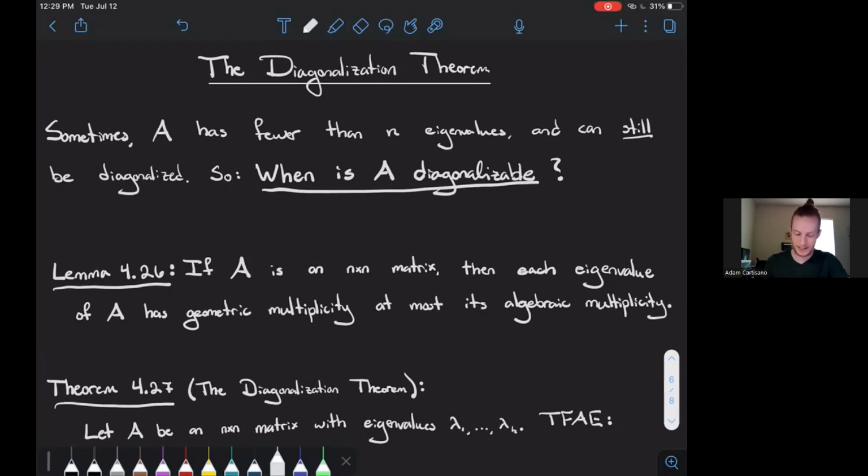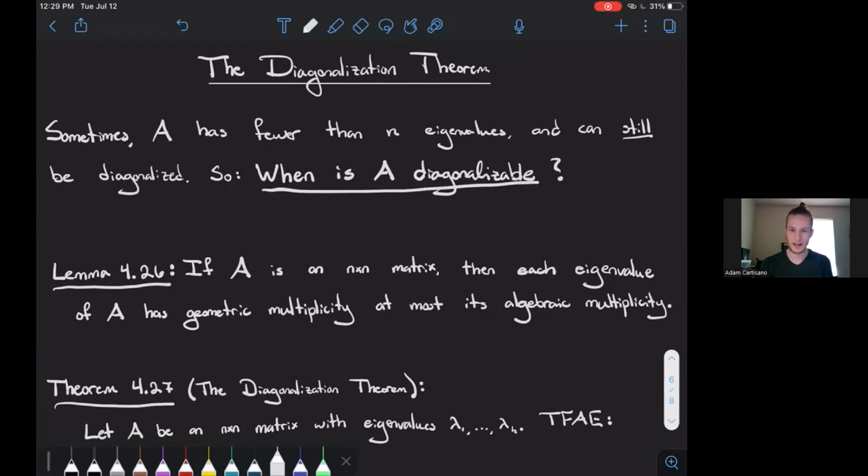So let me just tell you this lemma, and the next lemma and proof and theorem, I'm not going to give proofs for, I promise. So let A be an n by n matrix. Then every single eigenvalue of A has geometric multiplicity at most its algebraic multiplicity.